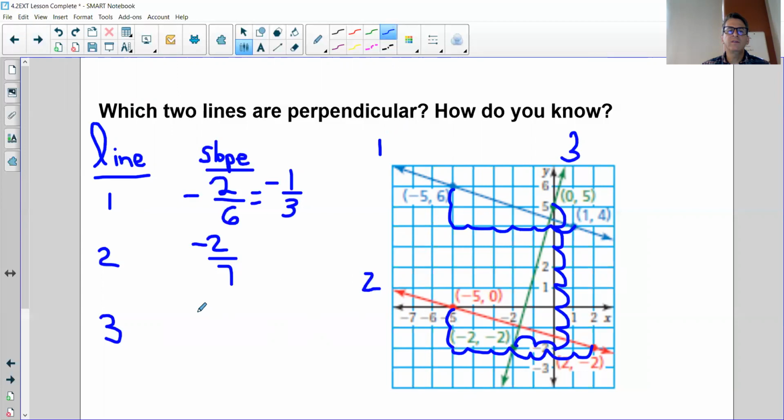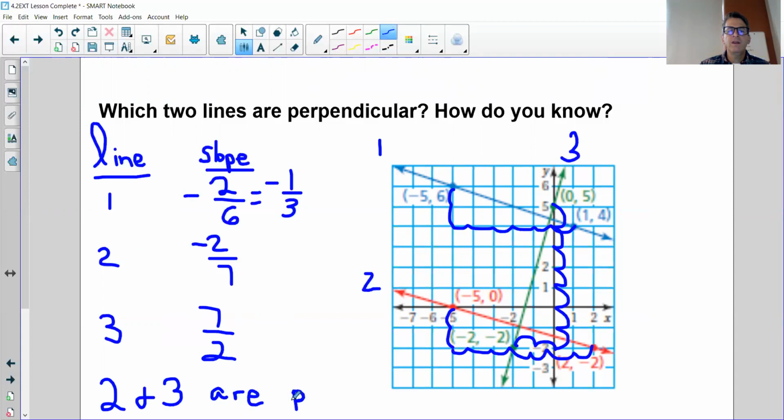So rise of 7 over 2, and it's positive. So based upon this evidence of slope, we have lines 2 and 3 are perpendicular.